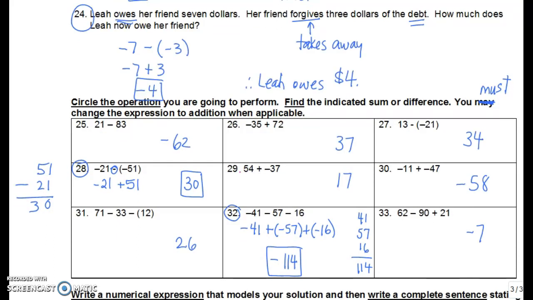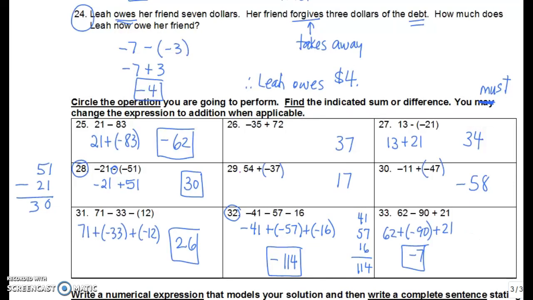Okay, welcome back to the video. Here are the answers for 24 through 33. If you'd like to pause the video, please do. You notice when you start the video up, through the magic of video, I've also written in the addition problems. So anything that needed to be rewritten as addition, I did so.